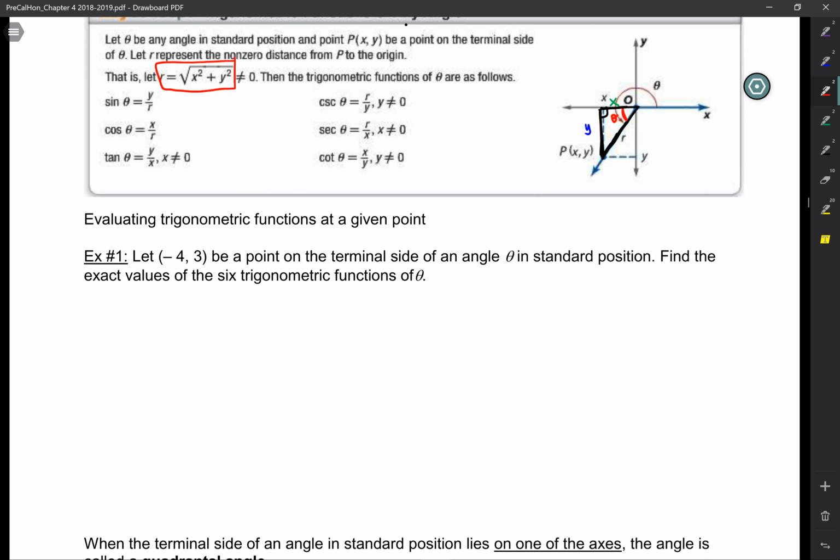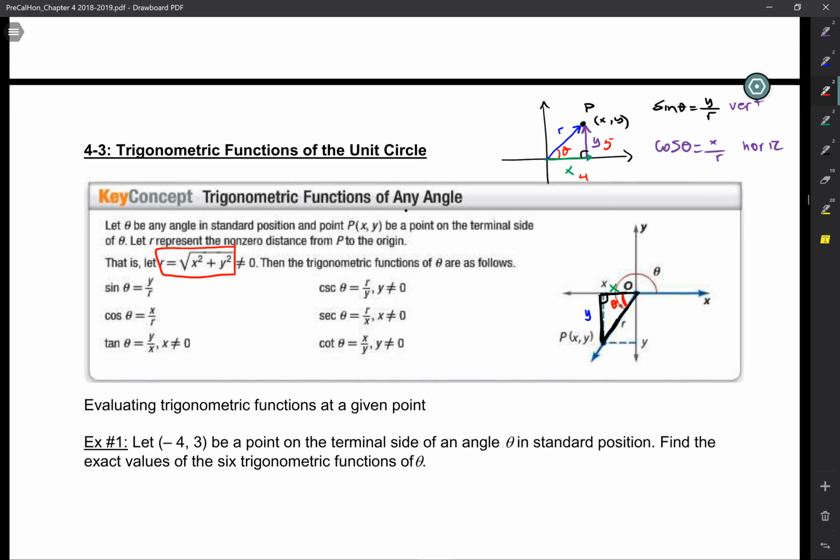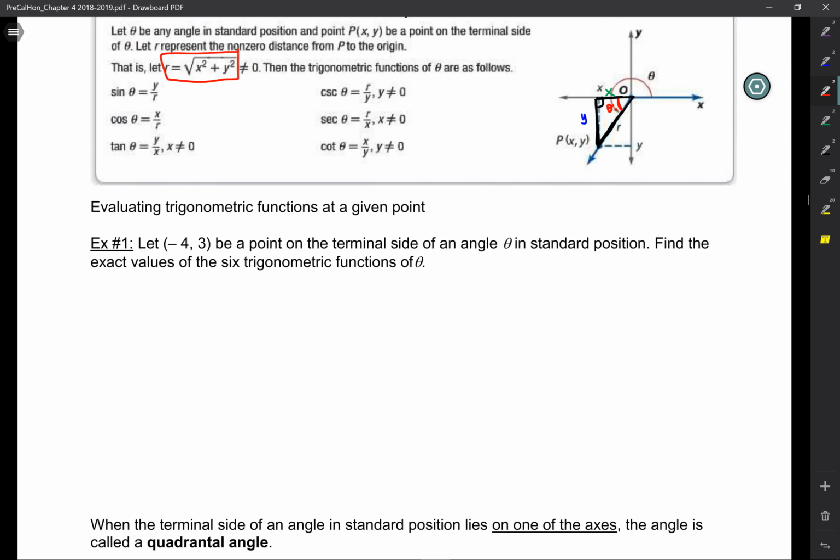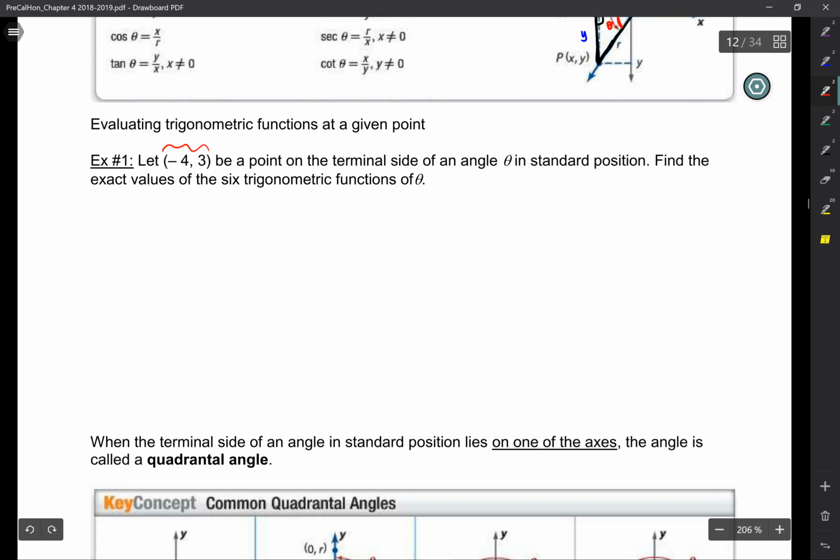And so now, suppose instead of the point x and y, suppose we actually have coordinates for that point. Suppose the coordinates for that point are -4, 3. Can we find the other 6 trig functions of theta? Well, let's see.